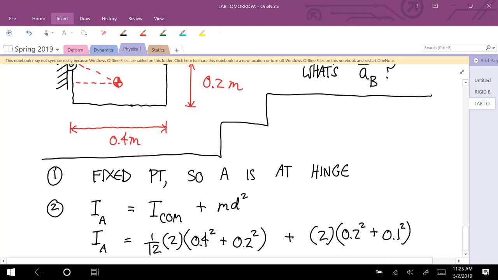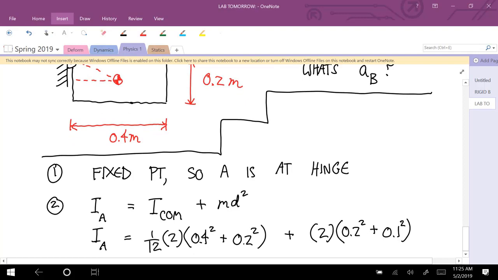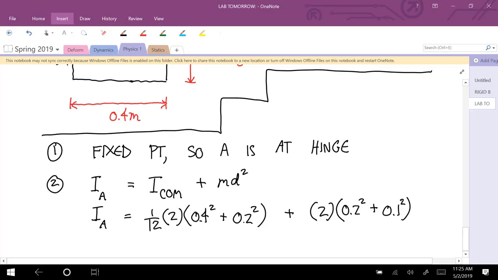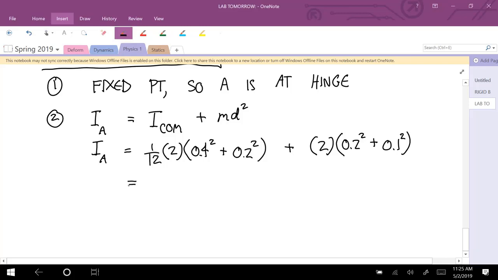Anybody have any questions about where I got any of that? Could someone punch that into a calculator? 0.1216.